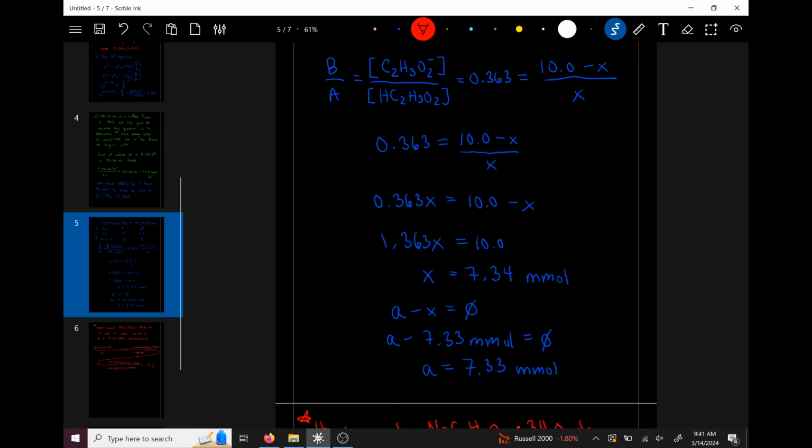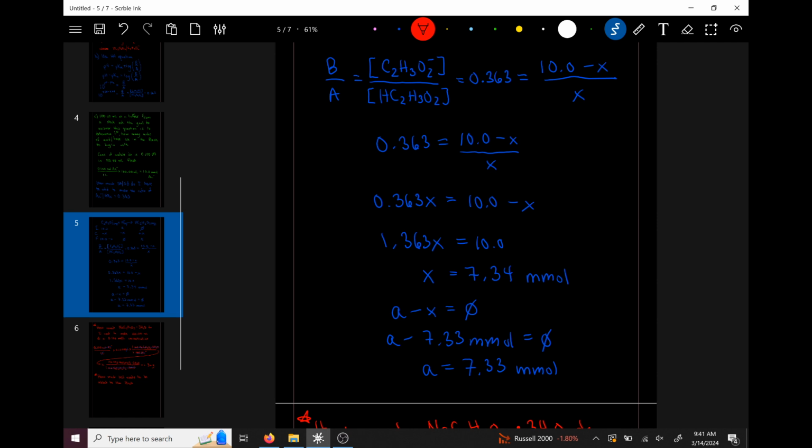The ratio of the base over the acid is equal to 10 minus x over x. We solve for x, and we know that A, which is the initial number of moles of the protons added to the system, minus the x value, which are going to be the same, will be equal to the amount I have to add. Because I know that the amount of acid that I'm adding to the system is a limiting reagent. It's going to run out, right? I have to add 7.33 millimoles in the form of a volume.